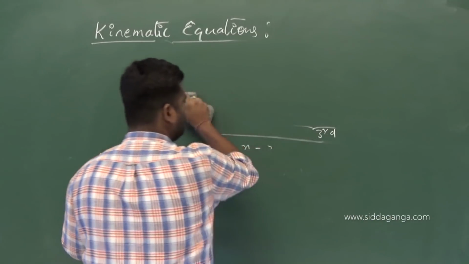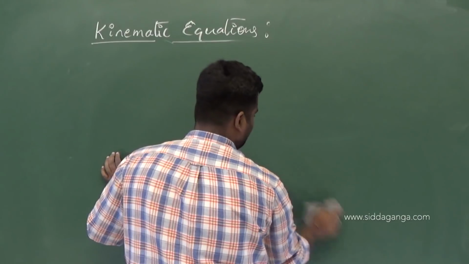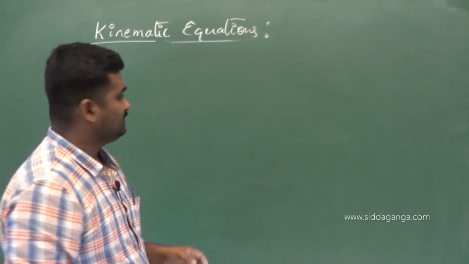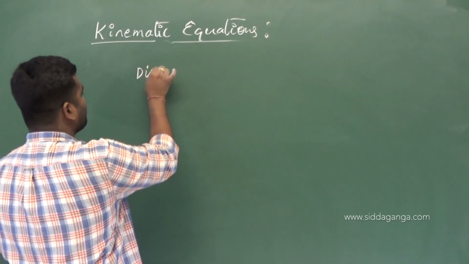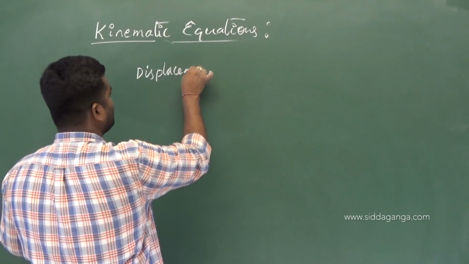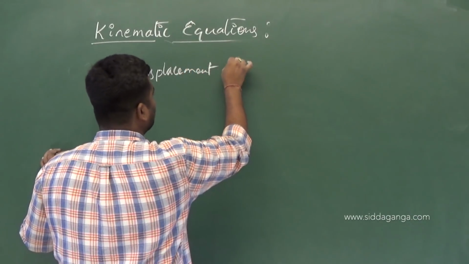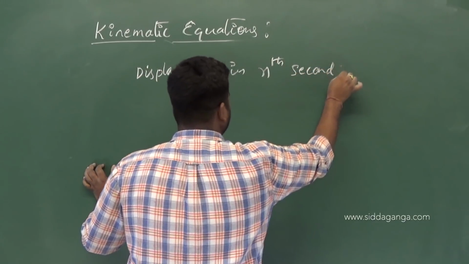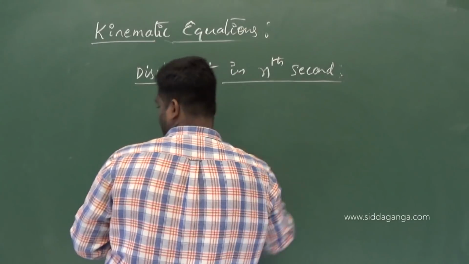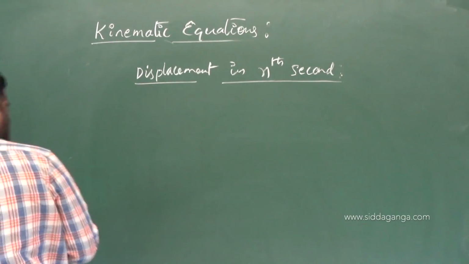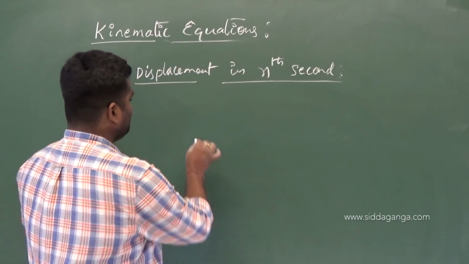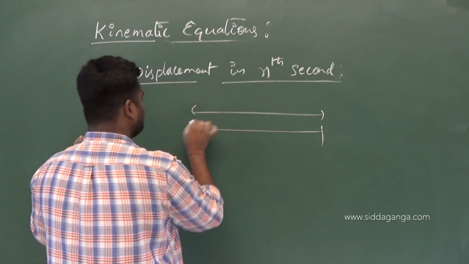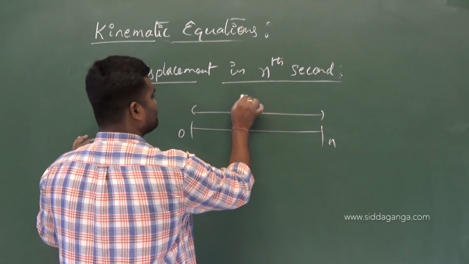Take the heading: displacement covered by the body in the nth second. You can make a note of it. Now see how to find this displacement in the nth second. I'll say this is 0, this is n, and this is Sn.